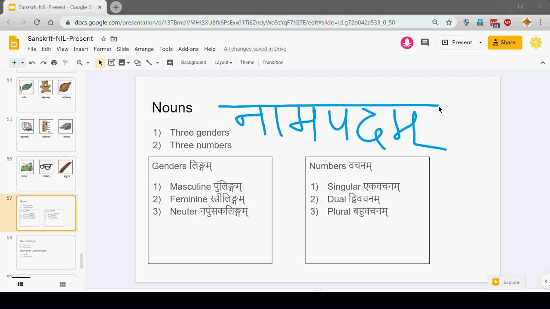Every nama padam can be in one of the three genders. The same padam cannot be in multiple genders. So one nama padam at a time has only one gender. Paryanka is masculine, as we saw. But each nama padam can be in three numbers depending on how many objects there are, 1, 2 or more than 2.